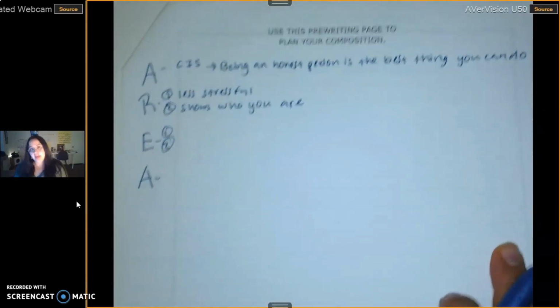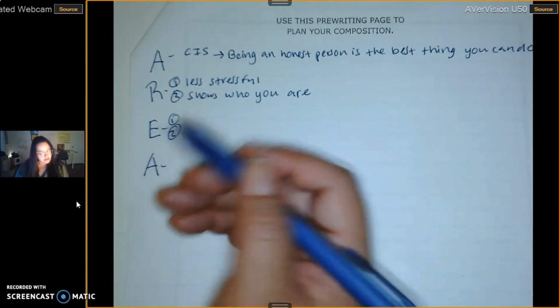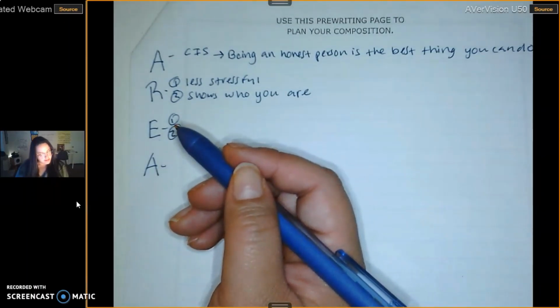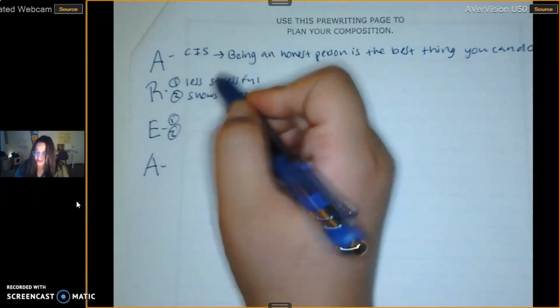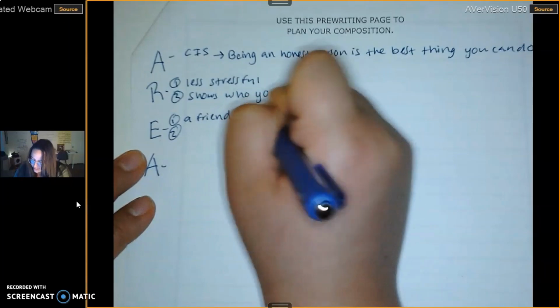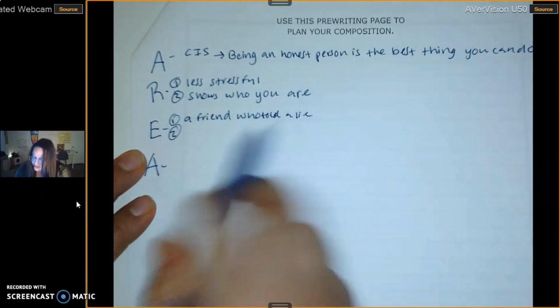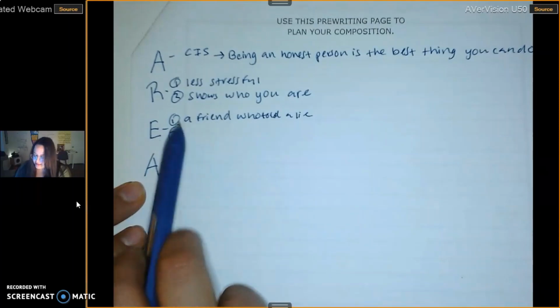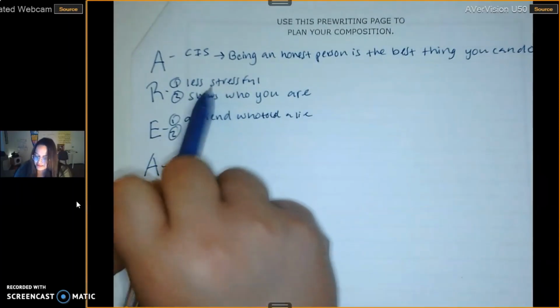I did give my examples for both and my explanation. And so the first one was for the less stressful. I mentioned a friend who told a lie. My words got a little bit too squished right there, but it says a friend who told a lie. That's my example for this one.